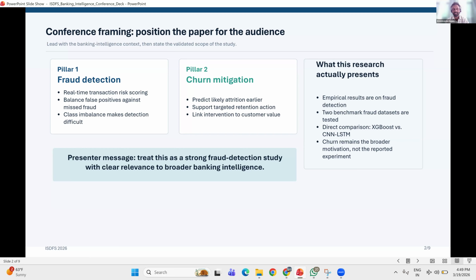So I started investigating what we can make better in terms of reducing fraud, as well as reducing customers moving from one banking service to another. Instead, how can we retain them? That is the purpose of this work.